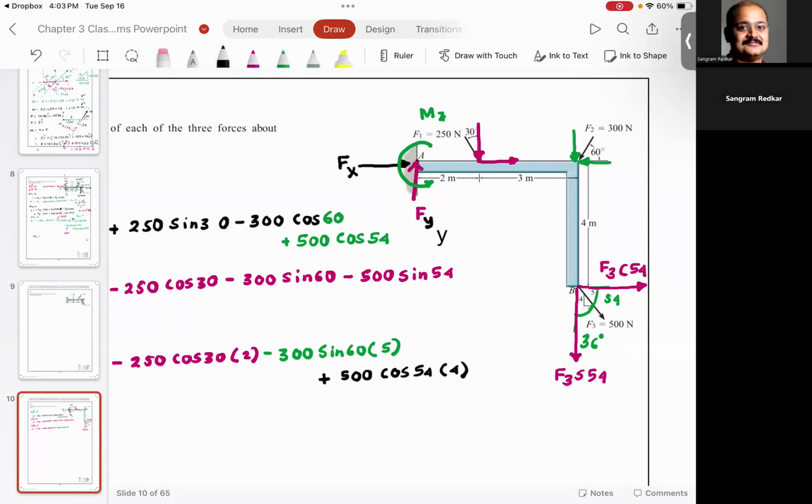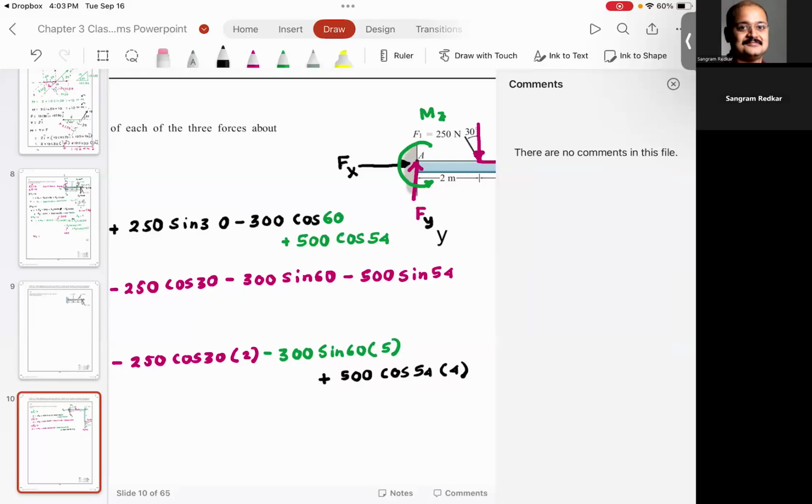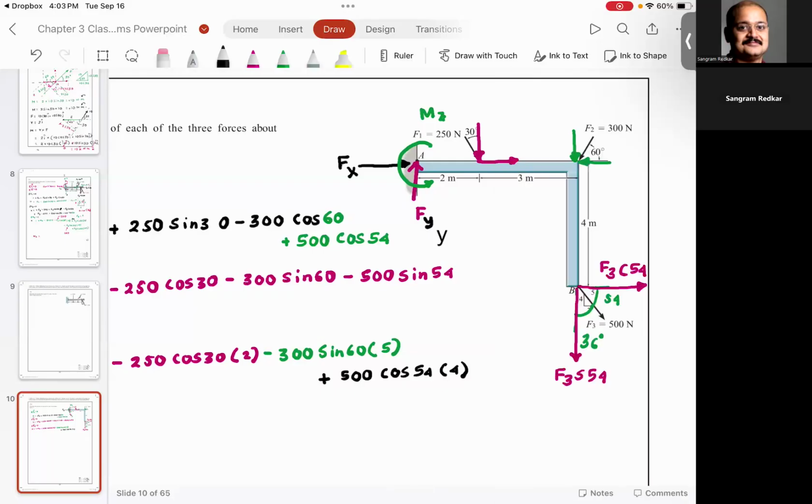How do we get it? How did we get what? Positive moment from F3? So can you see that this horizontal force is going to give a moment in this direction, right? Would you agree that this is going to give a moment like this? And this vertical force is going to give a moment in this direction.